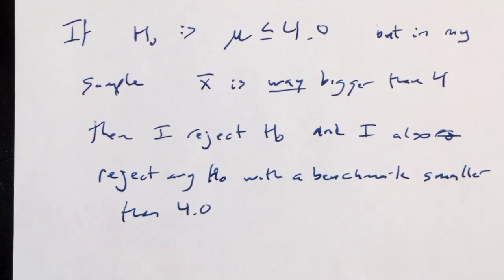So once you tell me, no, 4.0 is wrong, then anything like 3.5 would also be wrong. 3.9 would also be wrong. Any benchmark less than the benchmark we've just rejected doesn't cut it.